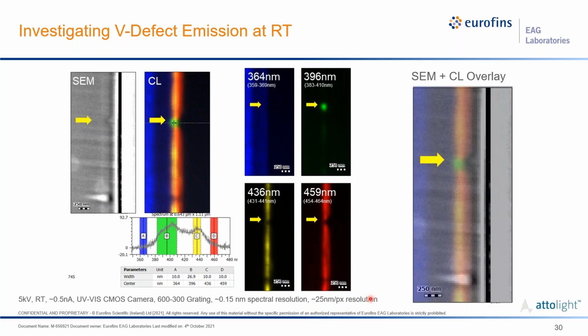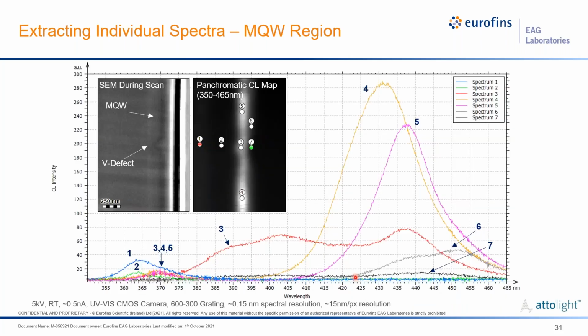And in this case, we're collecting a similar pixel density, but we're zoomed in quite a bit. So now we're looking at about 125 nanometers per pixel resolution in terms of the SEM itself, and then the CL data as well. And so here once again, we can extract specific spectra from the CL map itself.